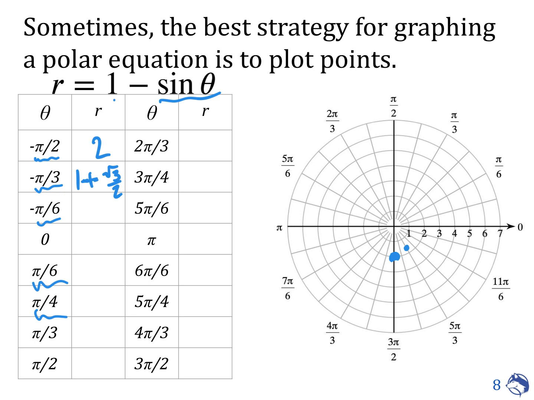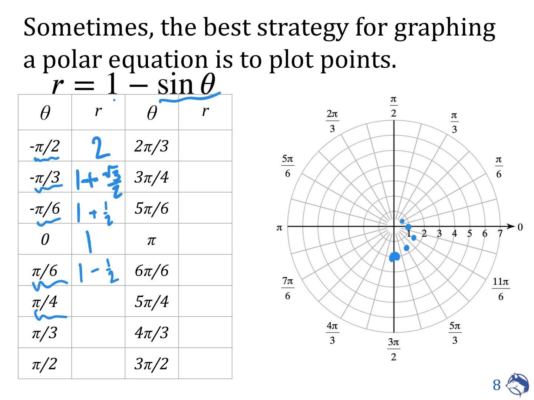The sine of negative pi over 6 is negative 1/2, so I'm going to do 1 plus 1/2. Then you follow this around. The sine of 0 is 0, so I'm going to do 1, which means I have a spot there. The sine of pi over 6 is 1/2, so I'm going to do 1 minus 1/2. So that's 1/2, and that's right here.